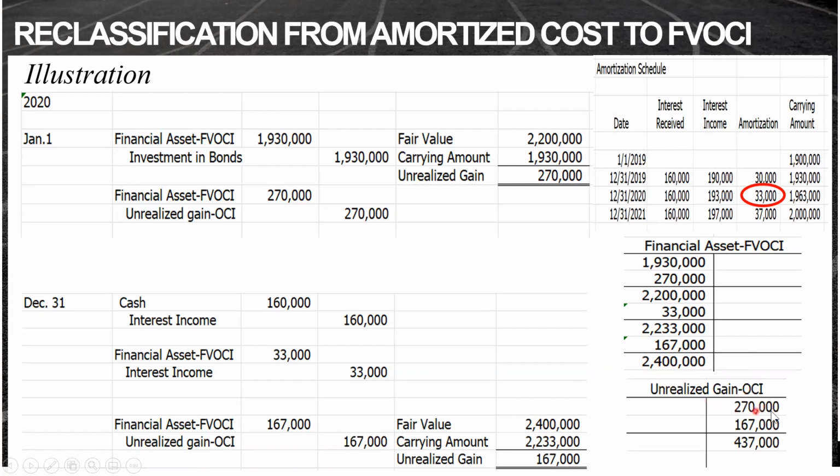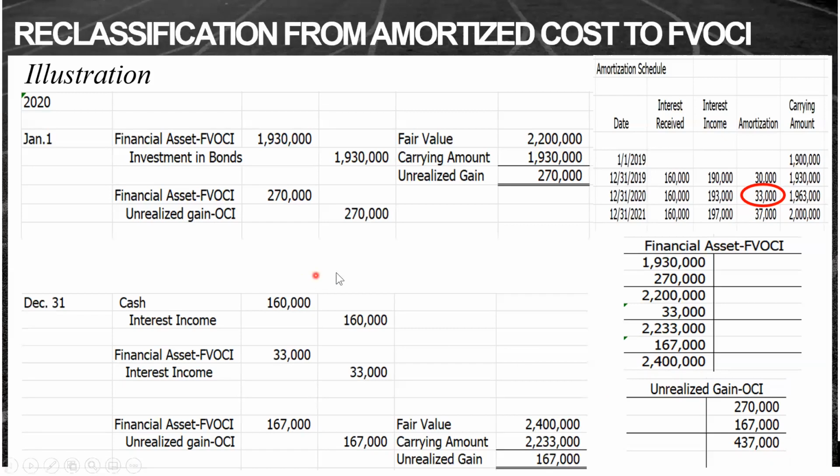You have first the 270,000 and then the second one, the 167,000. So our unrealized gain OCI is 437,000. Just take note that this amount will accumulate over time, so it will be carried forward to the next accounting period.